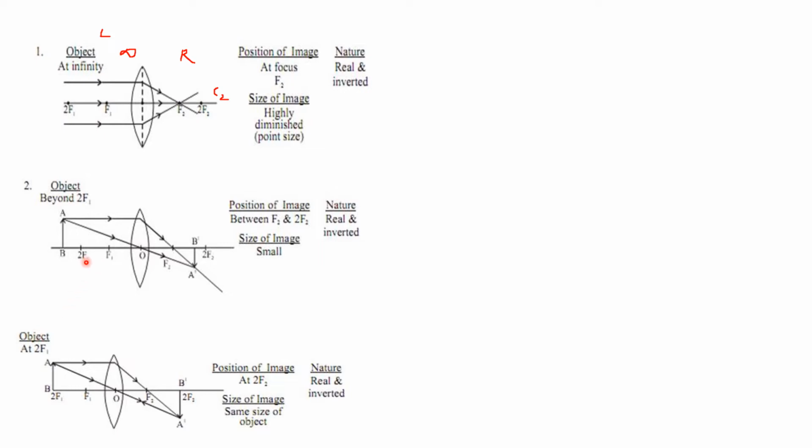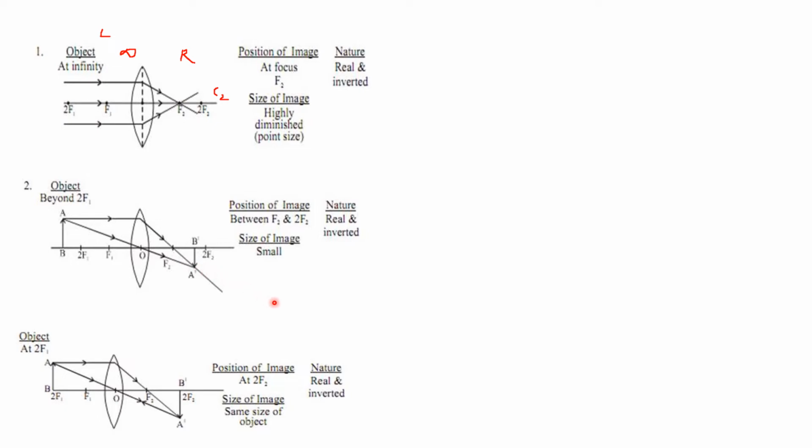So now for the object, we have to take two rays. First ray, which is parallel to the principal axis, passes through the focus, or principal focus, right? This is our principal focus. The other ray goes directly through the optical center undeviated, and you just draw a straight line through the optical center.